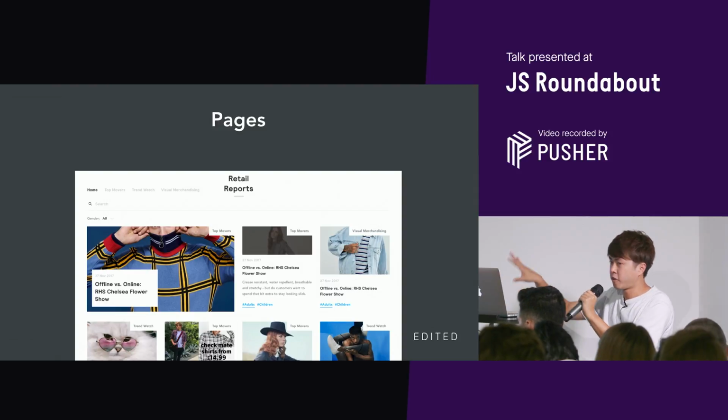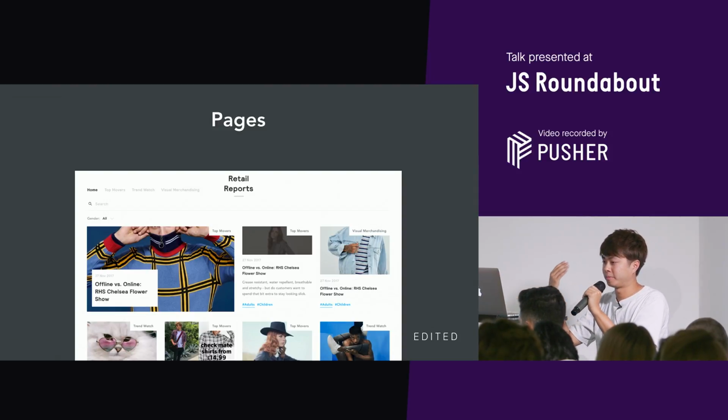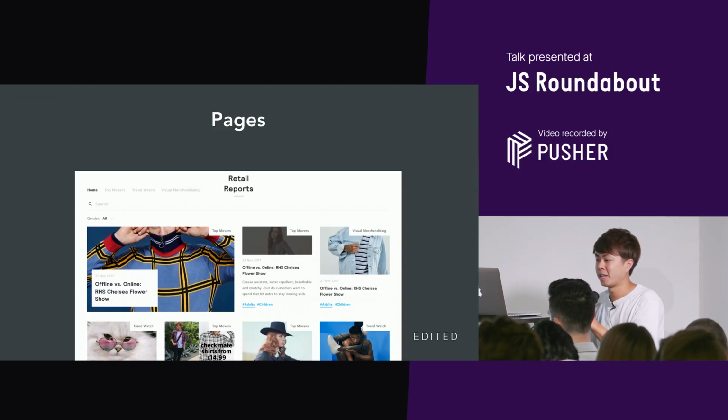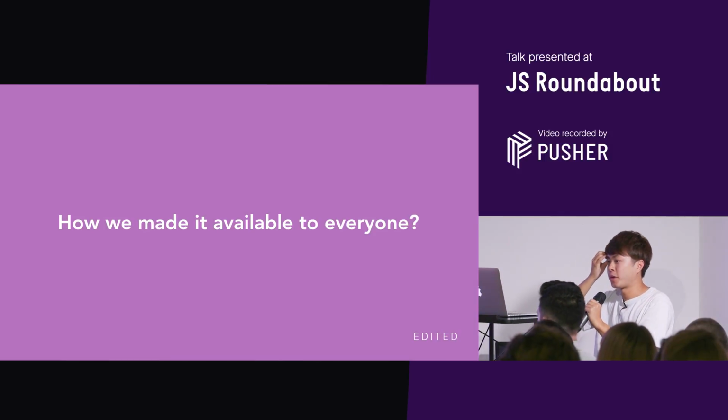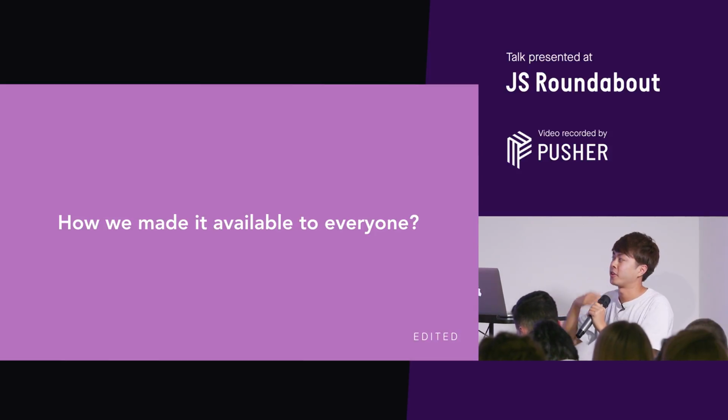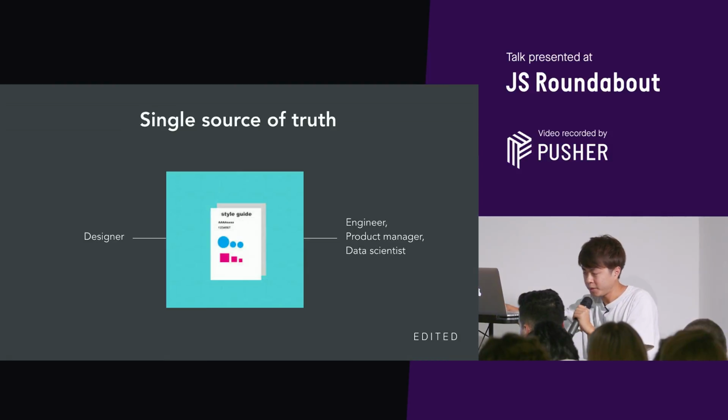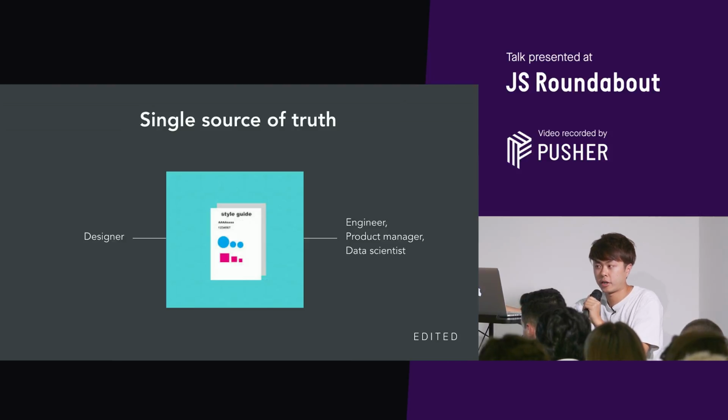But so far, what I'm showing you is just a style guide for designers. So what's next? How could we make it available for everyone? Because what we're looking at is more of a designer perspective. So we need a single source of truth, like a pattern library, or what some people call an online style guide.